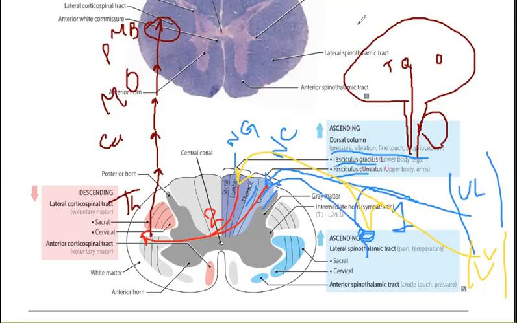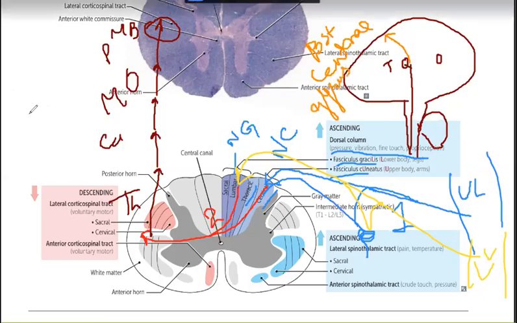From the thalamus, it will go to the cerebral cortex, and in the cerebral cortex, it will go to the post central gyrus region. We have two regions. Now, the people who are taking lectures with me from the beginning know what is a post-central and what is a pre-central gyrus.